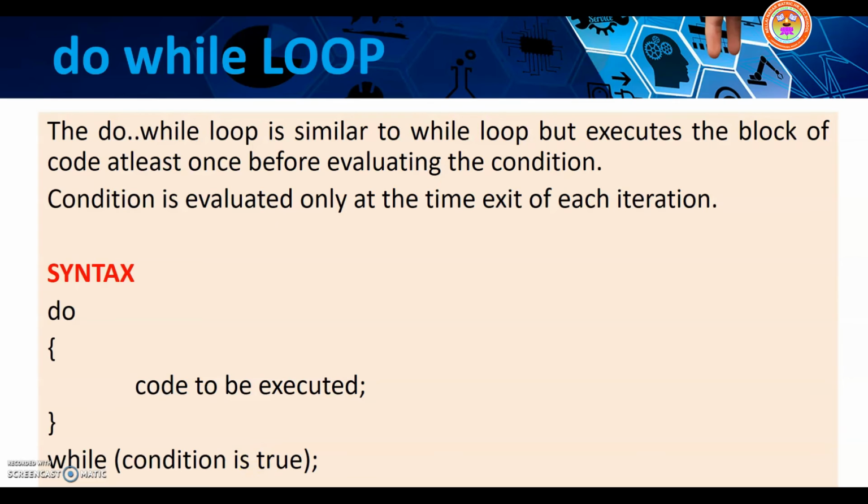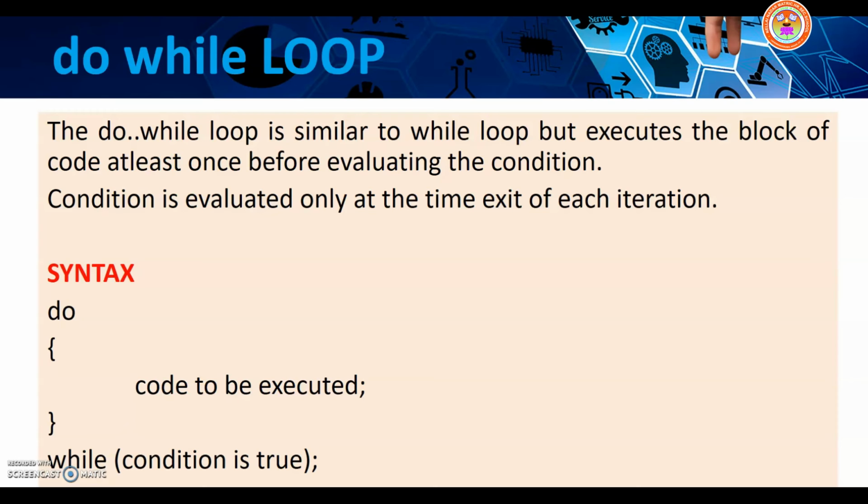Now coming to do while loop. Do while also will be similar to while loop, but that while loop is considered as entry loop, whereas this do while loop is considered as exit loop. Why it is considered as exit loop? Because the condition is available at the exit level only. Do some code to be executed.